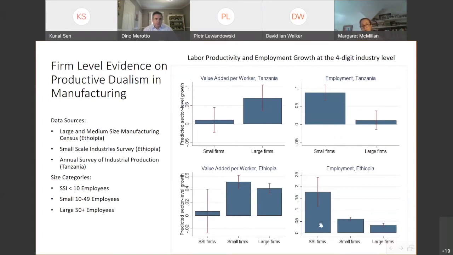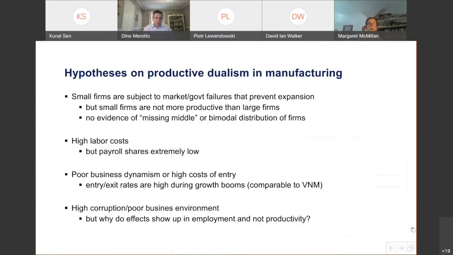And employment growth is in inverse proportion to productivity growth. So we see this productive dualism in the manufacturing sector, which is again surprising because we think of manufacturing as the canonical modern sector that drove poverty reduction in many countries.